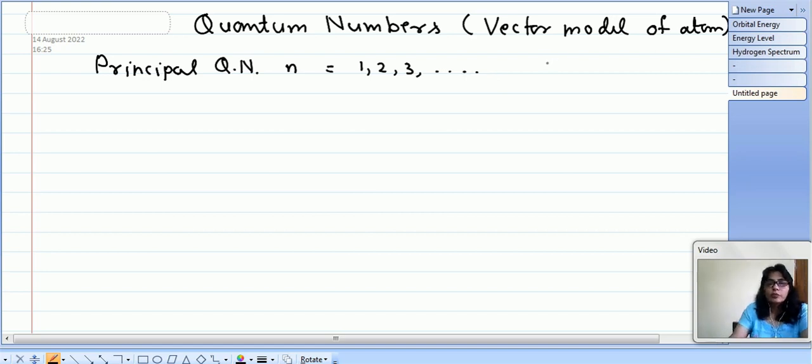So, principal quantum number actually defines the energy of the orbit. This we have already discussed.